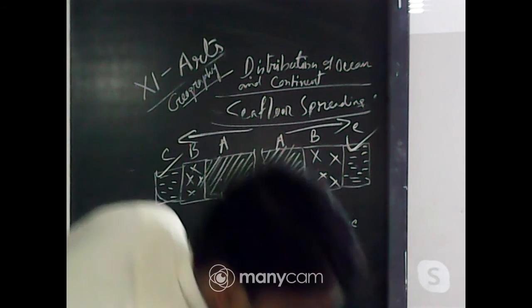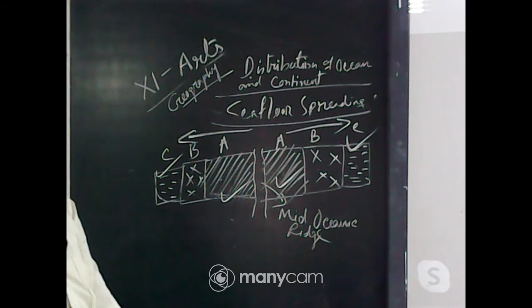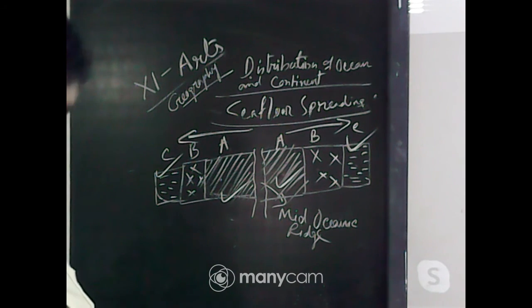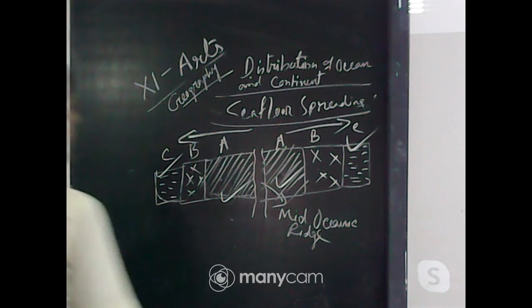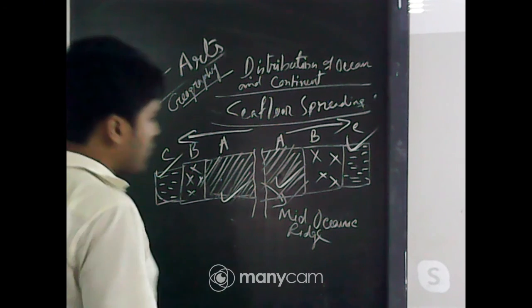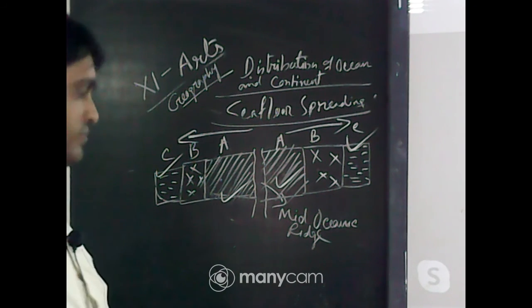Understood? So these 5 points are very important. If a long question comes asking you to explain seafloor spreading, at that time you have to mention these 5 points. Each and every point you have to understand properly.